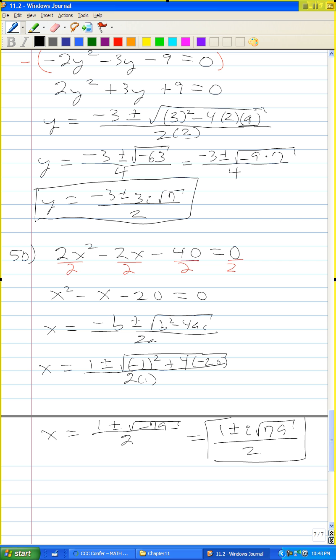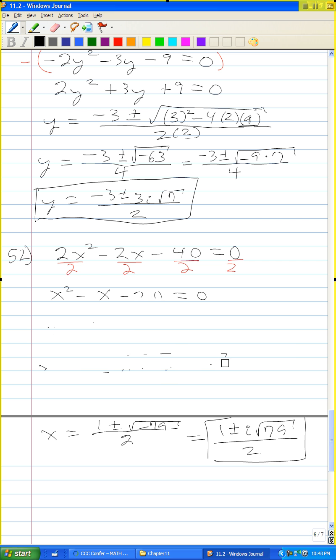Let me do problem number. Wait, I wasn't doing 50. I was doing 52, which is to compute the discriminant. And so let's compute the discriminant.